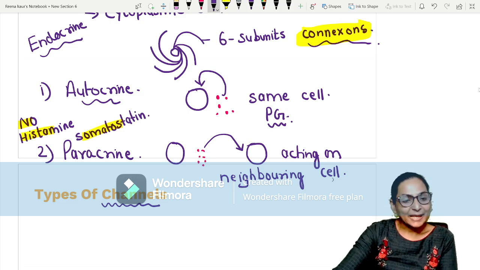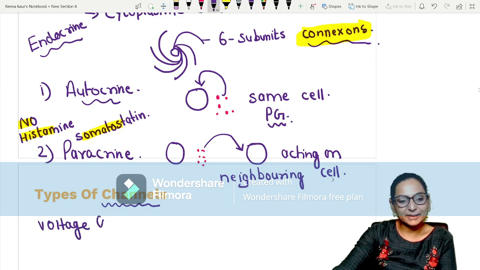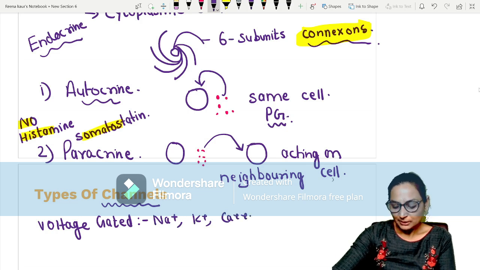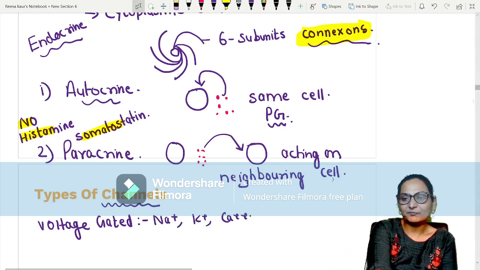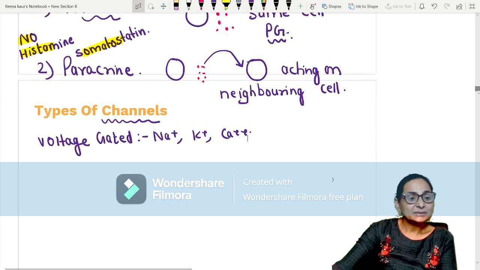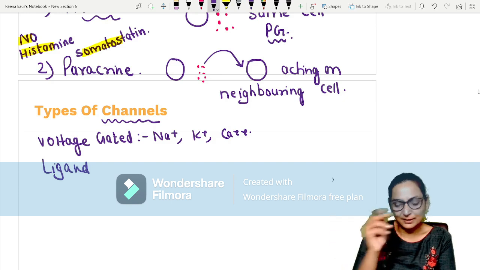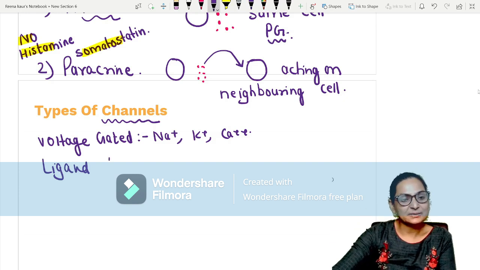Now, types of channels like we have seen, they can be voltage gated channels. So we saw voltage gated can be sodium, potassium, calcium. Good, Uttam. Then the second type of channels are ligand gated channels.